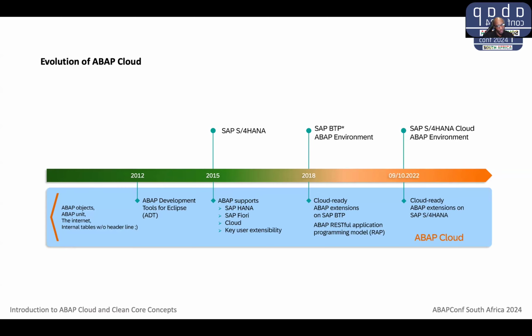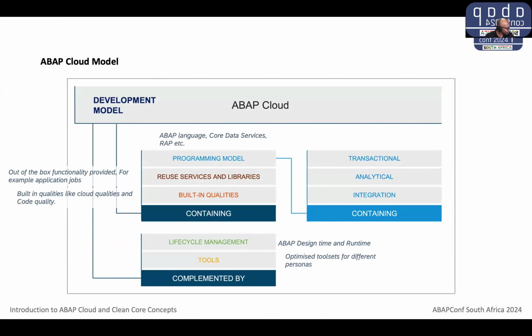Then in 2022, the embedded ABAP environment came into the picture. That's basically your embedded Steampunk on S/4HANA. And that's the evolution of ABAP Cloud.